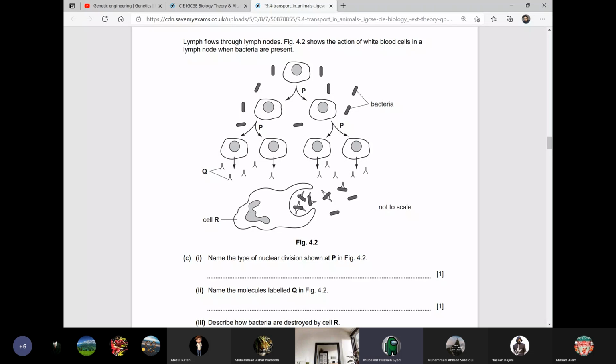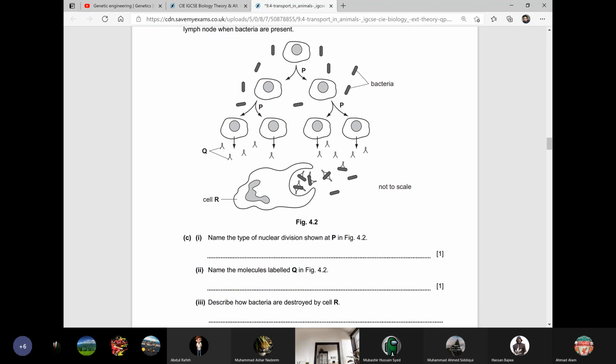Antigens. Antibodies. Sorry, antibodies, right? They stick to the antigens. Now remember one thing, I taught you guys that antibodies are always Y-shaped. So they have shown these are Y-shaped and they are sticking to the antigens on the bacteria.